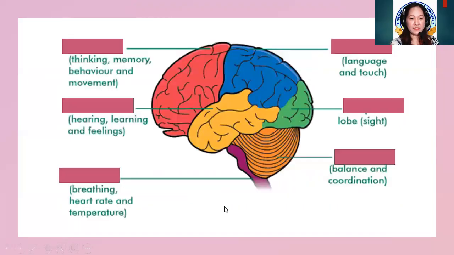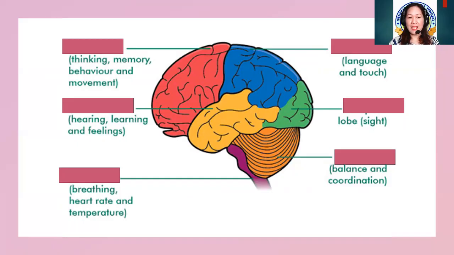Okay? Next. If you listen to the different parts and functions and even processes of the parts of the brain, sige nga, let me check your comprehension. So, I have here 6 parts lang ng ating brain. So, yun lang yung pinili ko.